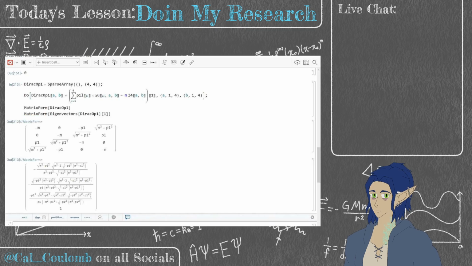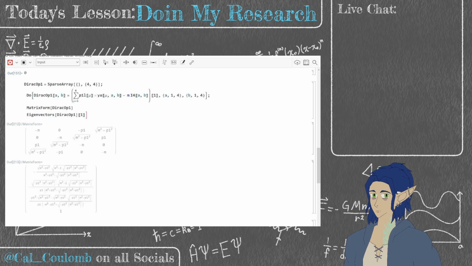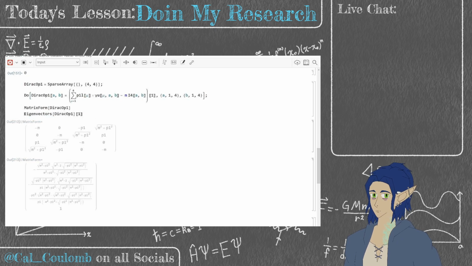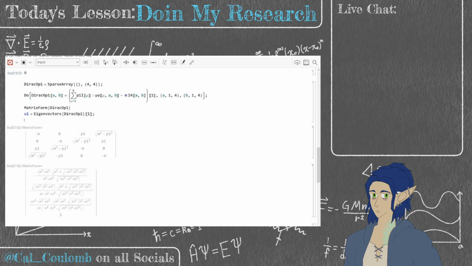Yeah, okay. That one there is interesting. I was not expecting that. Probably because it isn't normalized. But let's take this outside of the matrix form. Call this U1. We can normalize it later.